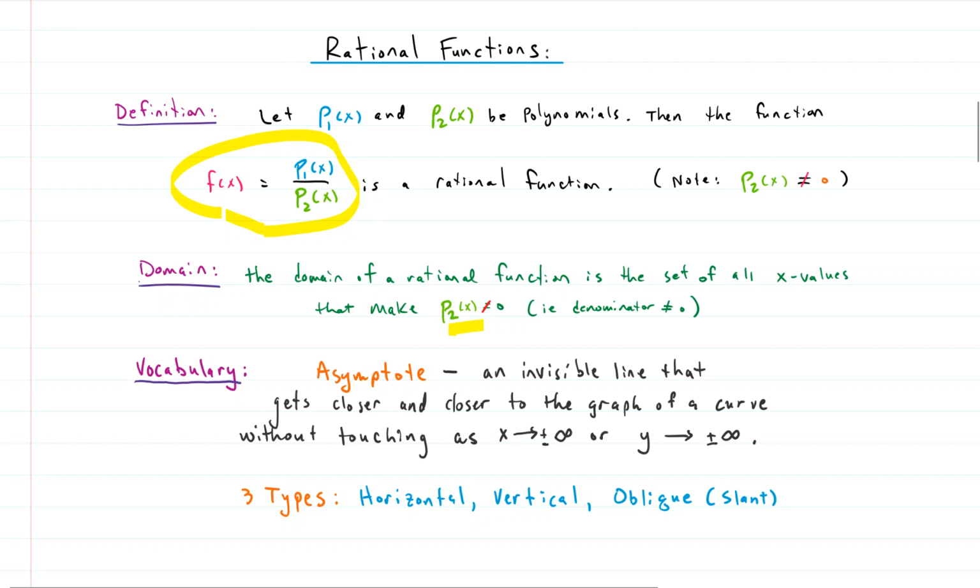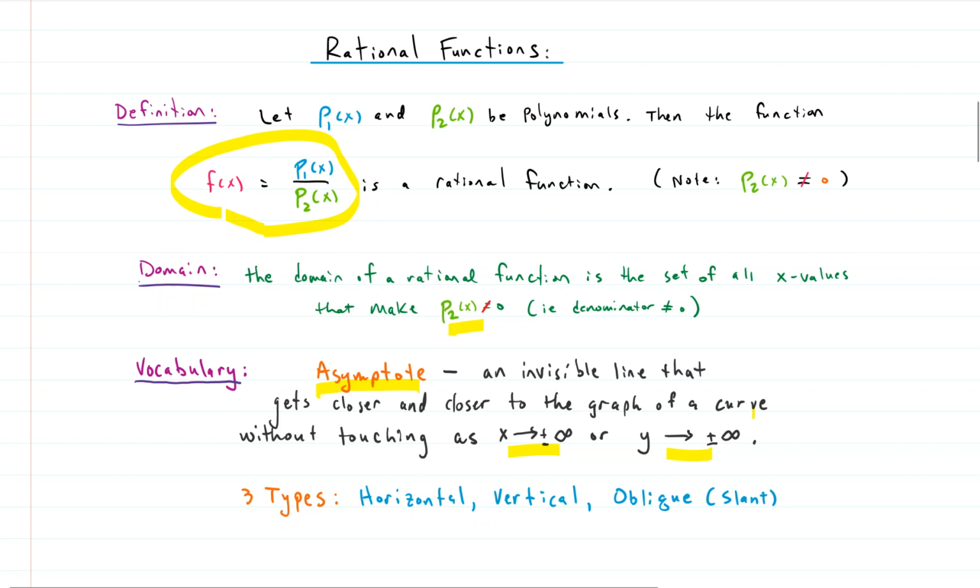Vocabulary that is helpful is asymptote. It's kind of a weird word, right? It's got a whole bunch of syllables that you wouldn't think would go right next to each other in a word. An asymptote is kind of like, this is the layman's version here, an invisible line that gets closer and closer to the graph of a curve without touching it, as either the x-coordinate of the graph goes to positive or negative infinity, or the y-coordinate of the graph goes to positive or negative infinity.